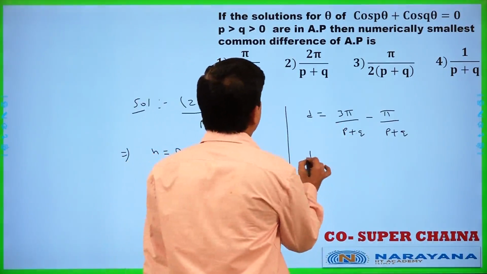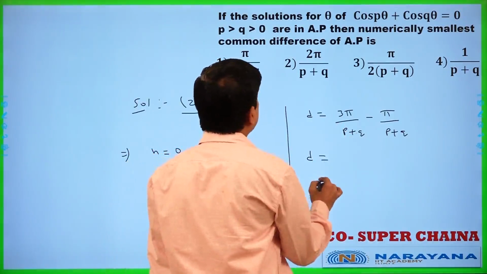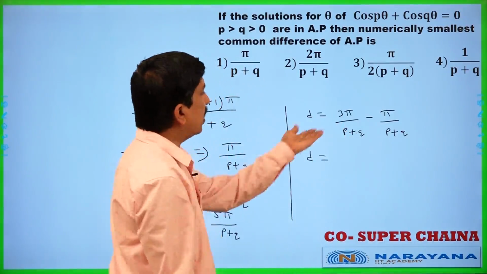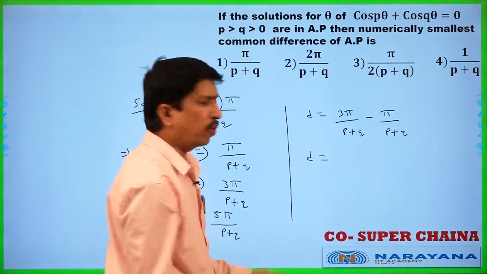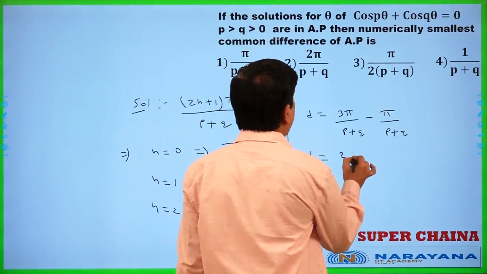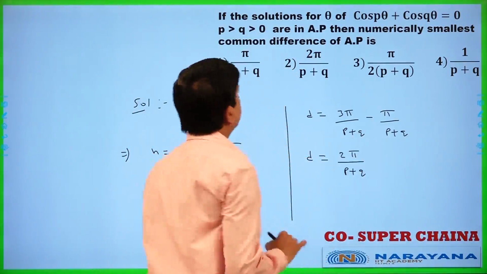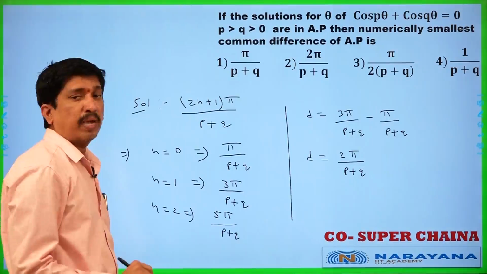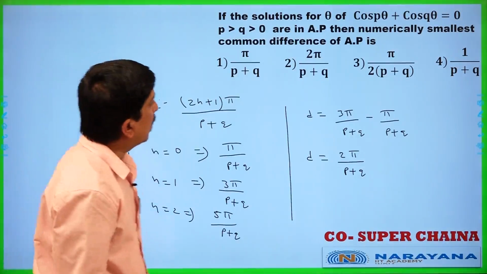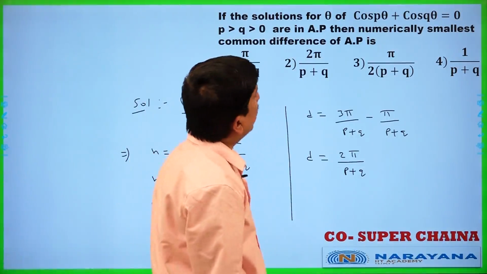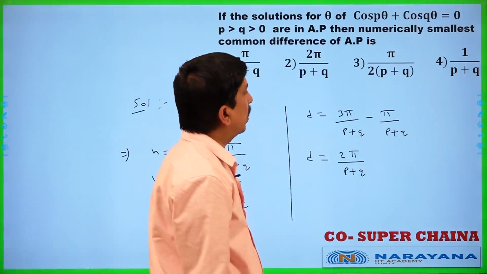So, D is the common difference: 3 pi minus pi, the denominator is the same, that is nothing but 2 pi by p plus q that you will get. Once you observe that, pi by p plus q, 2 pi by p plus q, pi by 2 into p plus q, 1 by p plus q.